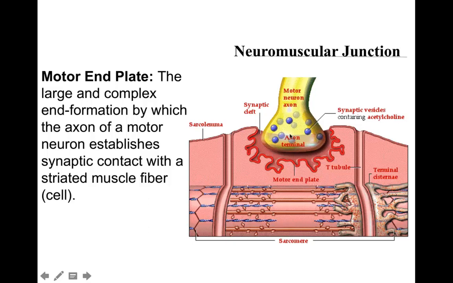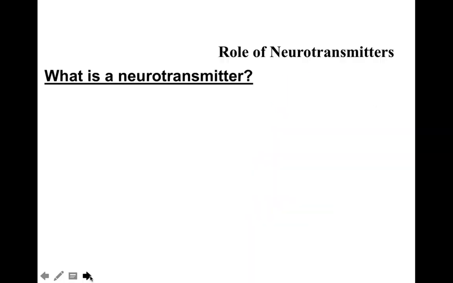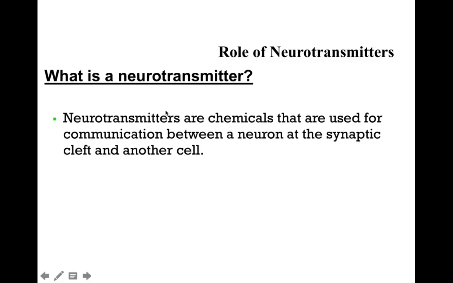This is where a whole lot of biochemistry occurs back and forth between the muscle and the neuron. At that junction, there are neurotransmitters that communicate between the neuron and another cell, in this case, a muscle cell. This happens everywhere, but we're talking muscles.